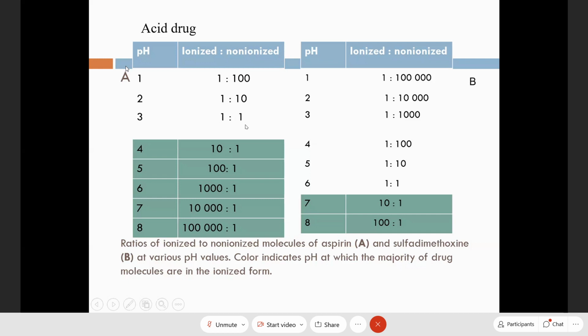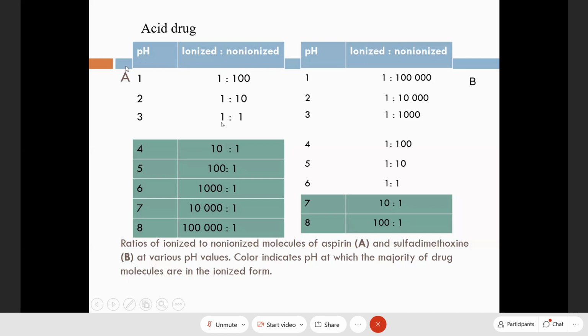This is the point where the ionized form of the drug is at 50% and the non-ionized form is at 50%. Both are at the same ratio, 1 to 1. So that is the drug's pKa for aspirin, which is 3.